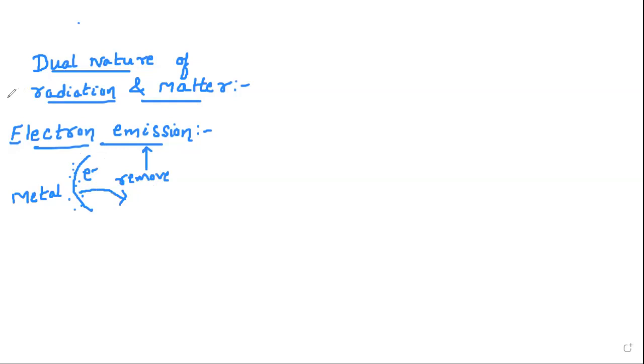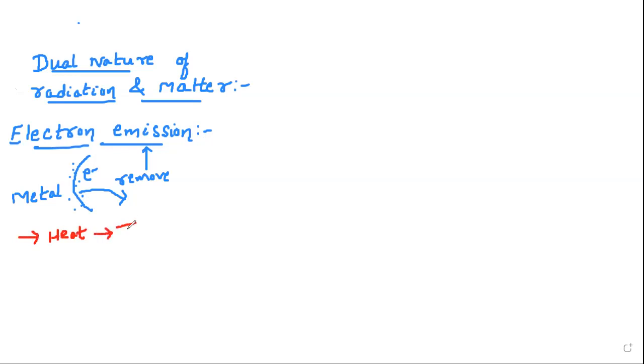Now, we can remove the electrons which are there in the metal by different methods. The first method is you have to heat the metal. By giving heat energy to the metal, we can get the electrons out from the metal surface.